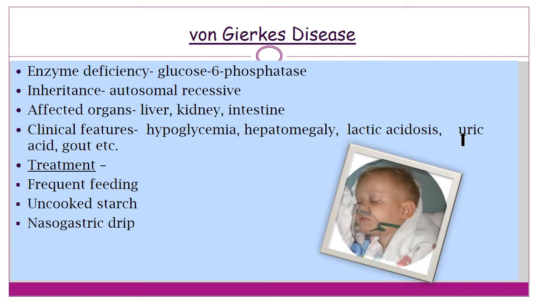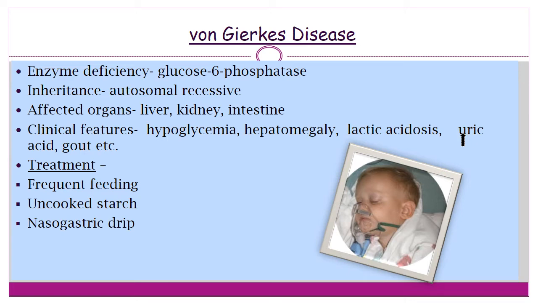You have seen in the first step of glycogenolysis, all the glycogen was broken down into glucose 1 phosphate. That glucose 1 phosphate, in the presence of mutase enzyme, was converted into glucose 6 phosphate. Now this glucose 6 phosphate in the liver is converted into glucose with the help of this enzyme.